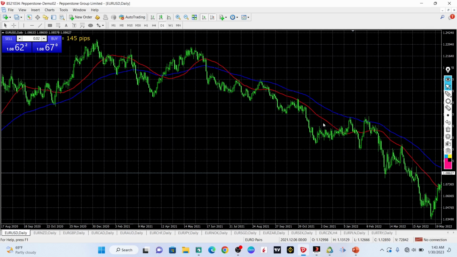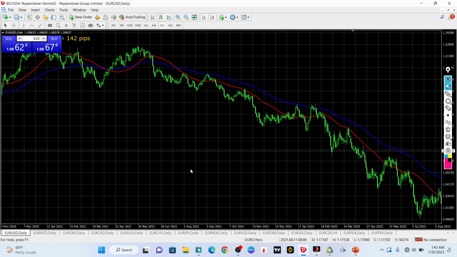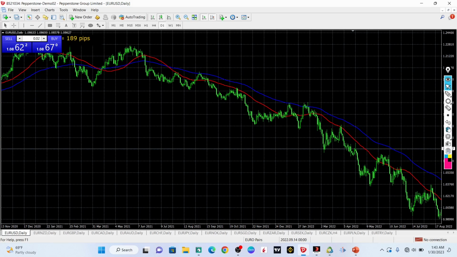So we can see that the blue line we are seeing on the screen is the 100 exponential moving average, and then the red line is the 40 simple moving average. So you can see which one is giving us more signals that are false. That is what we have to ignore. So you can see from the general view of the chart that yes, they both gave us a first signal to sell right here, but this blue line, which is the 100, has given us one signal all the way within the entire chart.